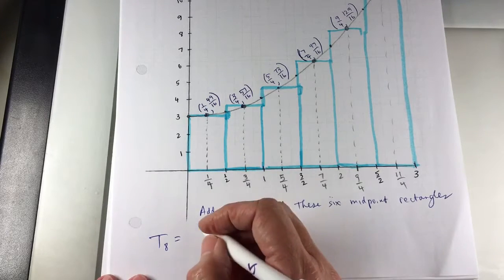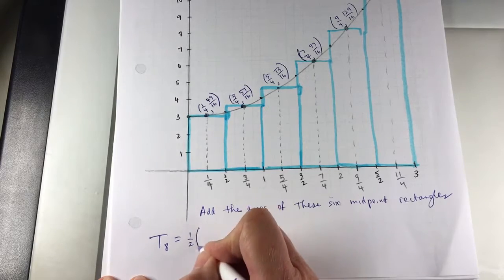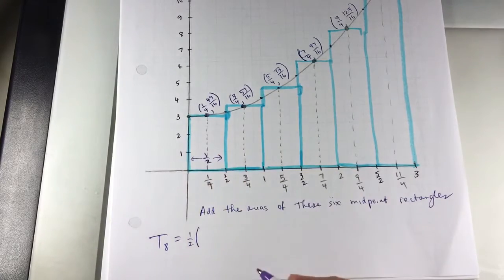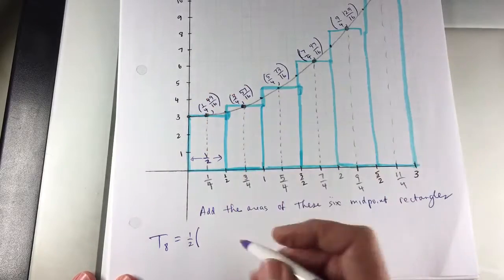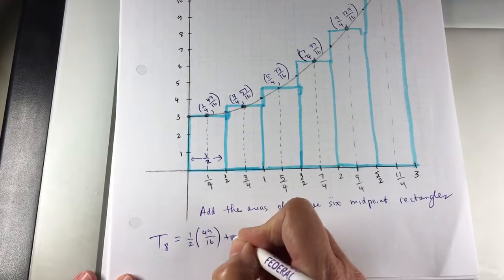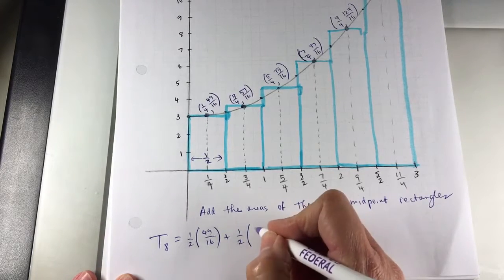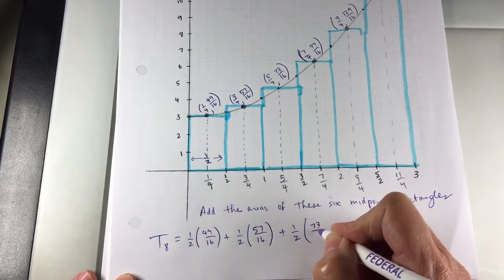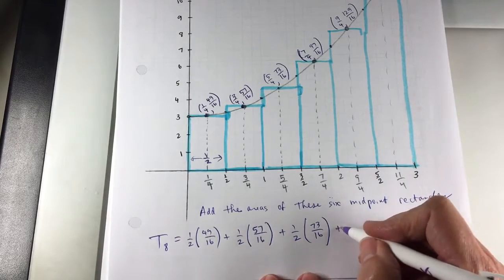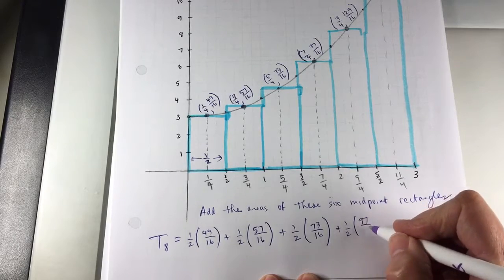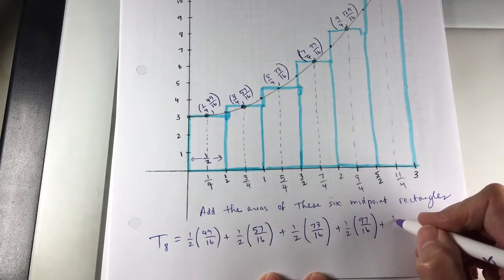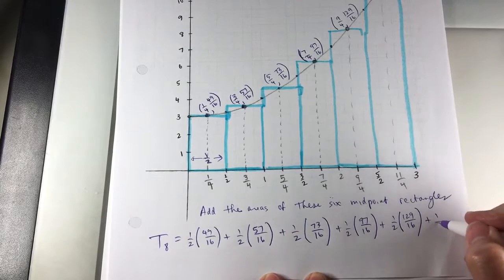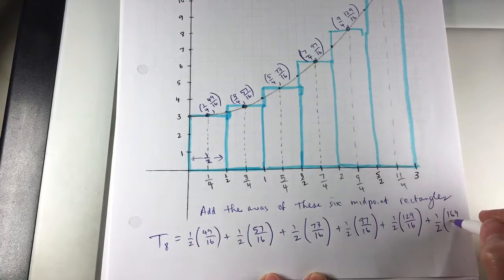So it's going to be 1/2, that's the width of each rectangle, 1/2. 1/2 times 49/16 for the first one, plus 1/2 times 57/16 for the second one, plus 1/2 times 73/16 for the third one, plus 1/2 times 97/16 for the next one, plus 1/2 times 129/16 for the fifth one, and finally the last one, 1/2 times 169/16.